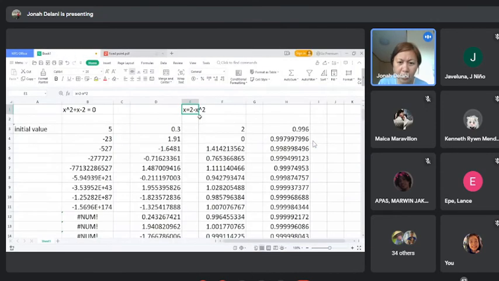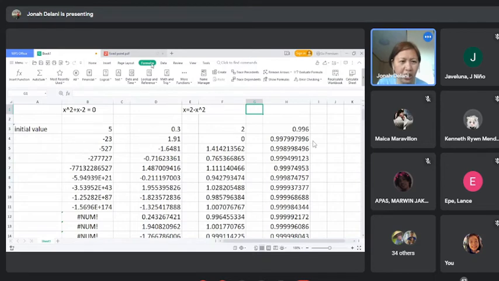It's not easy. If you cannot find a formula, you can search for it. The square root of x equals the square root of 2 minus x.